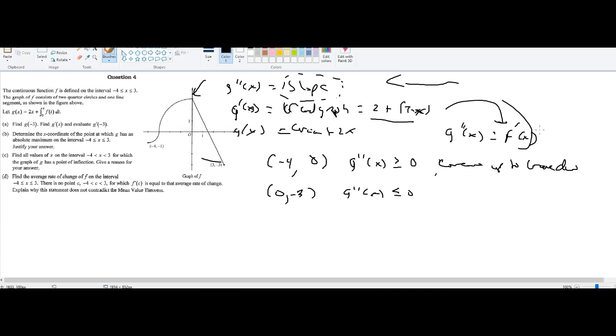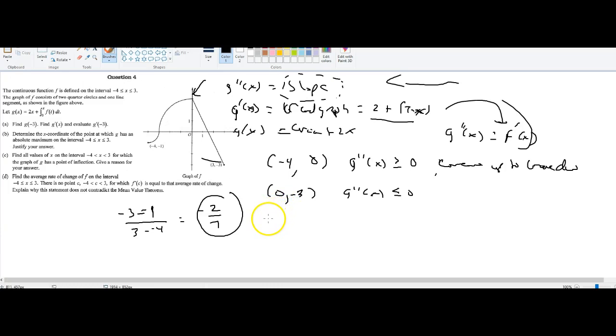Okay, so from -4 to 3, we went -3 minus 1, minus a -1, should say, all over 3 minus -4. So we went down 2 over 7. That's our average slope, right? Average rate of change. It's the same thing, just for f, right?